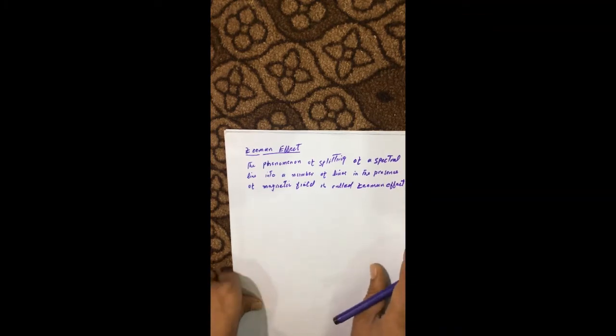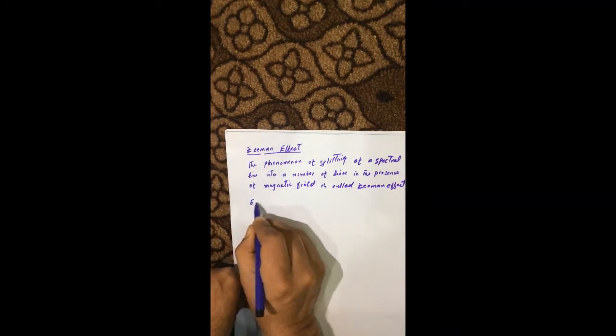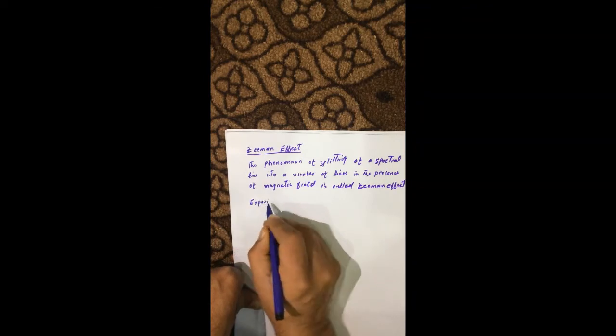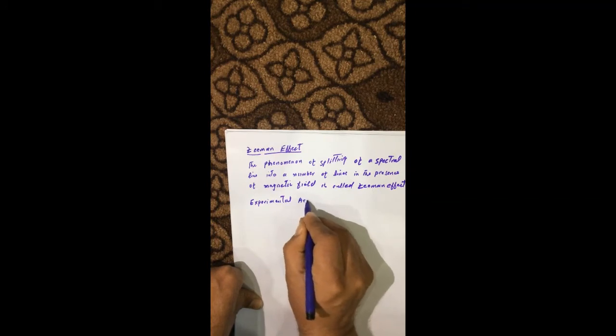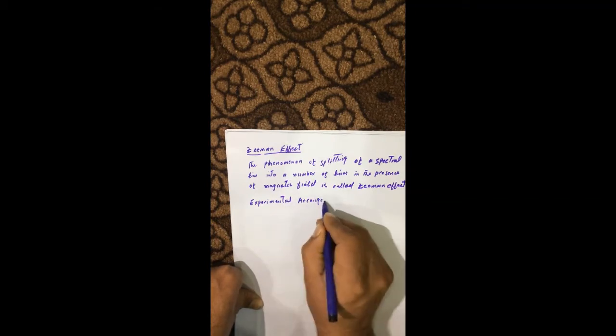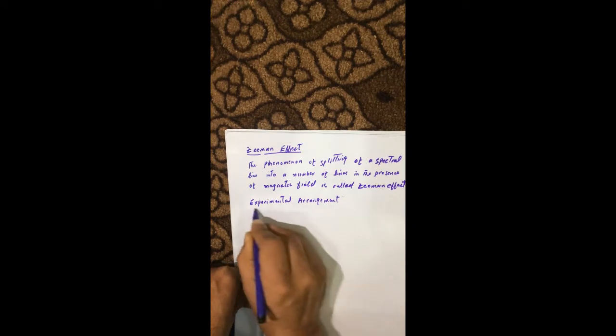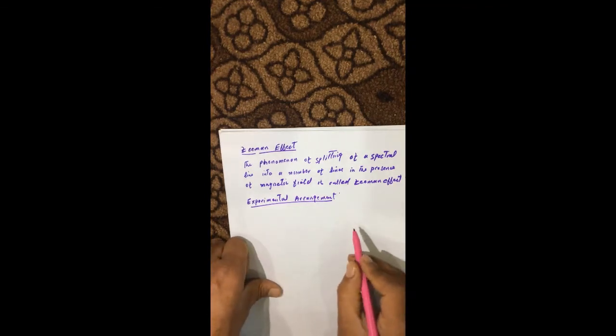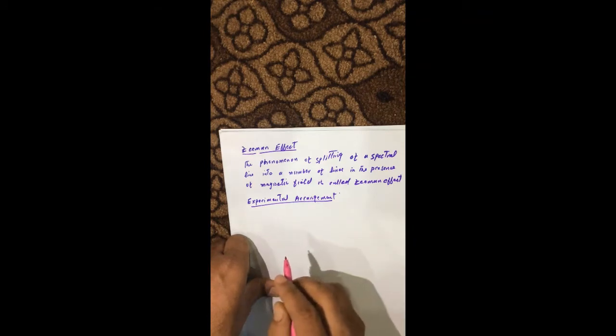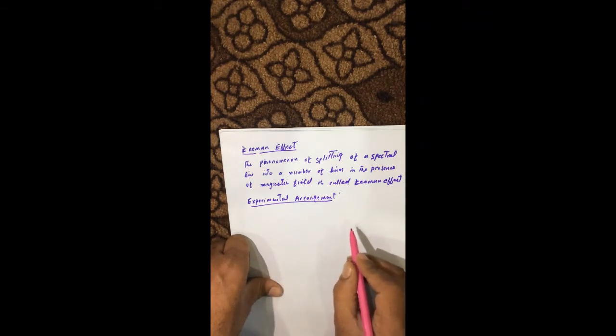First I will explain the experimental arrangement of Zeeman effect. So here we have the experimental arrangement of Zeeman effect. Now the apparatus looks like this. First I will draw the diagram and then I will explain each component.